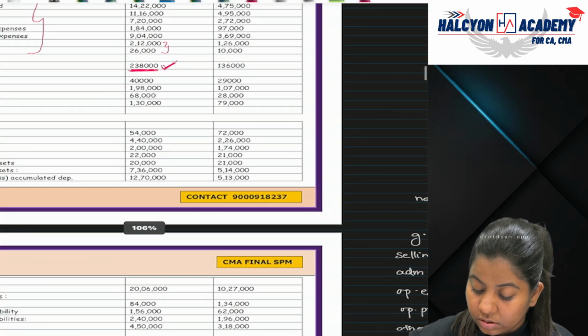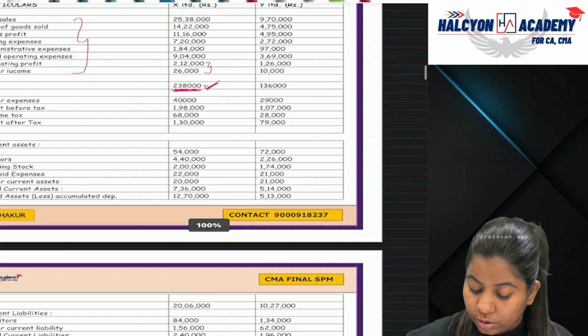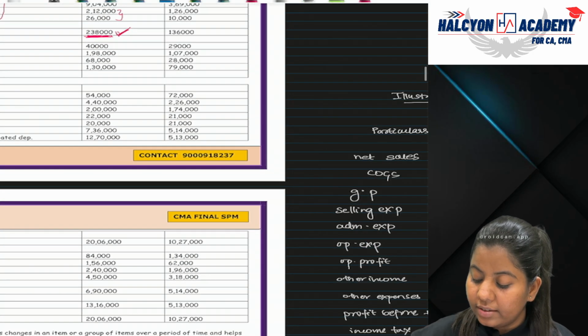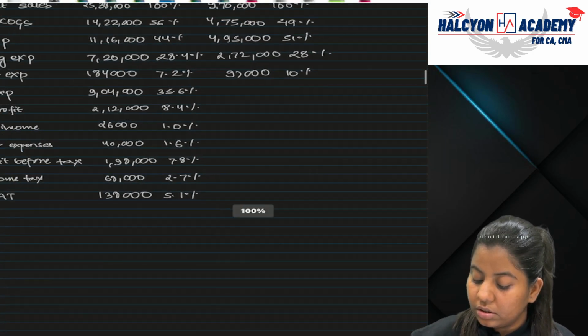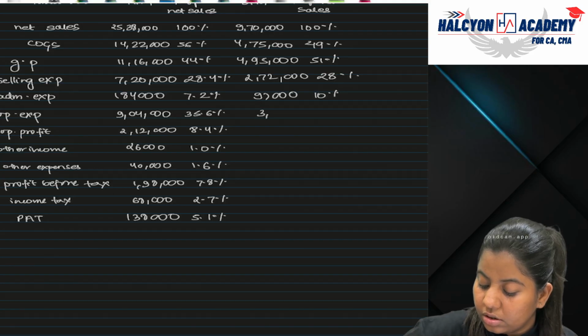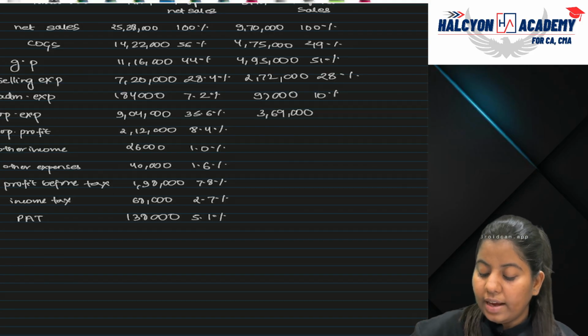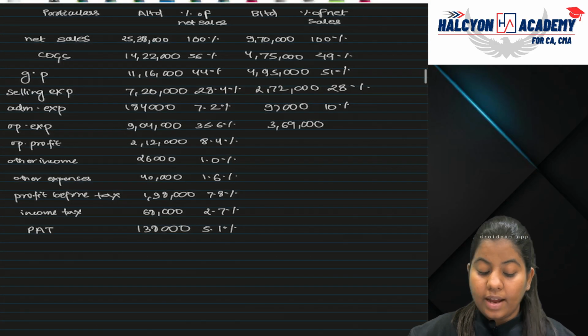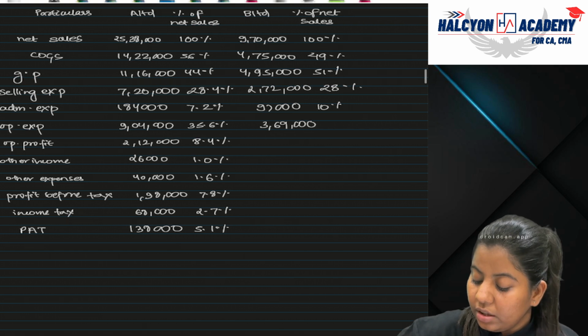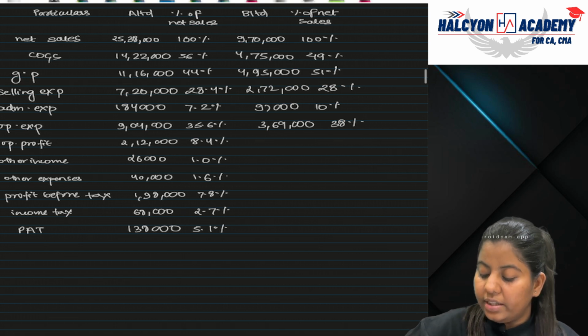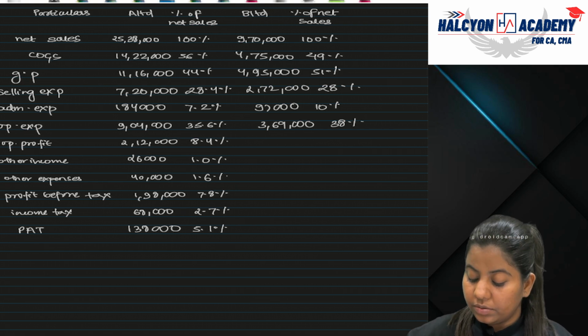Then total operating expenses 3,69,000. 3,69,000 divided by 9,70,000 will be 38%.